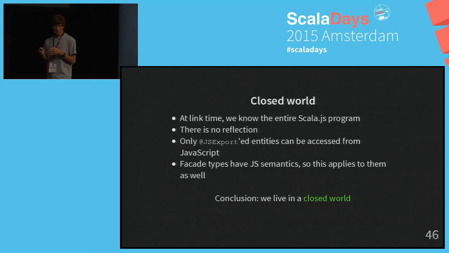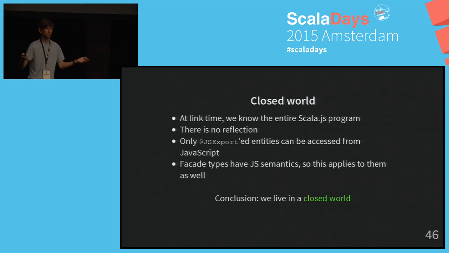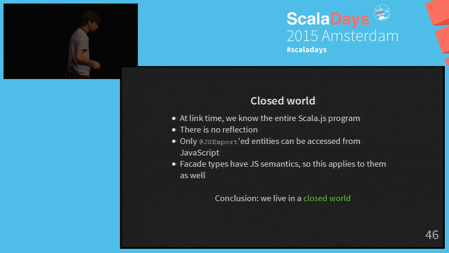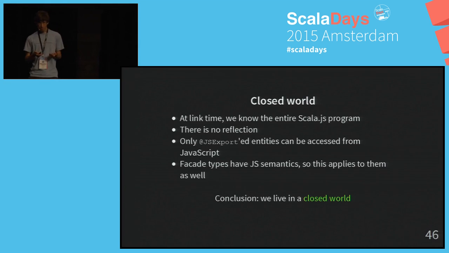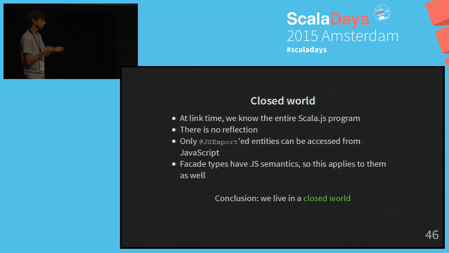So in Scala.js, we have a linker. You compile your Scala.js libraries independently, but at the end of the day, you have to link the entire program using the linker and the optimizer to get one JavaScript file. At that moment, the optimizer knows everything about the Scala.js code, including the dependencies and transitive dependencies.